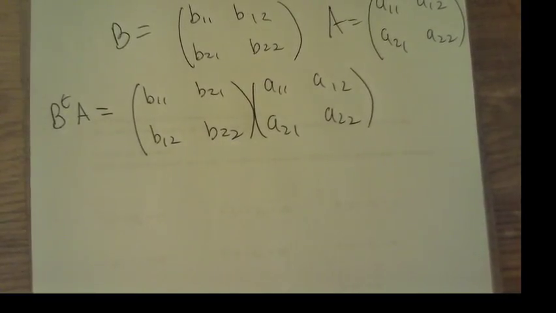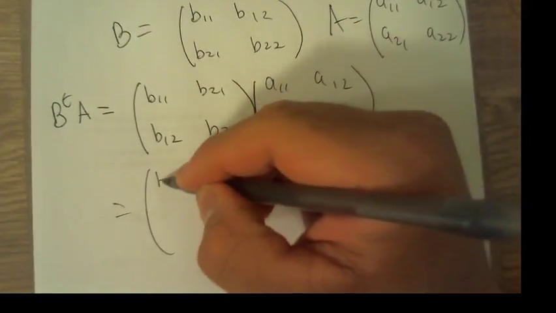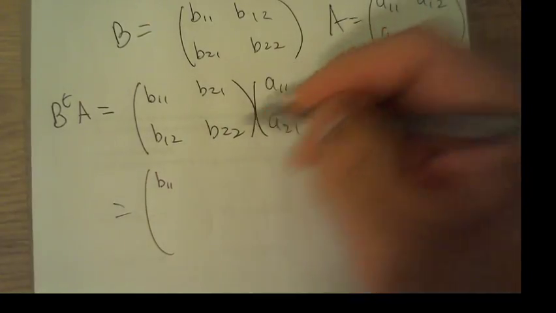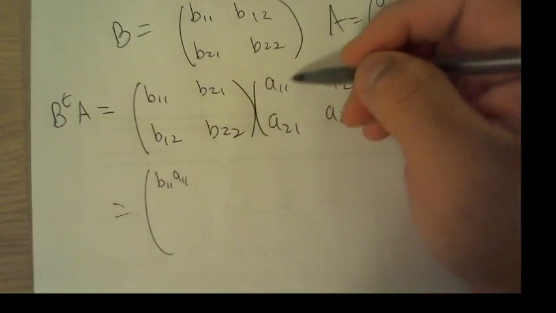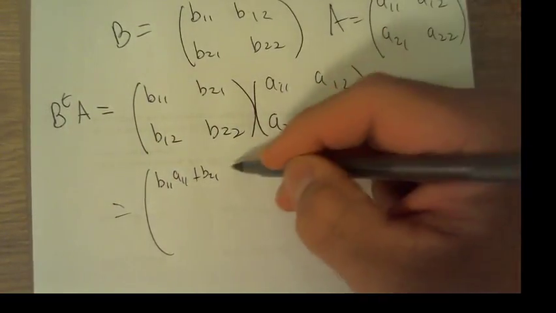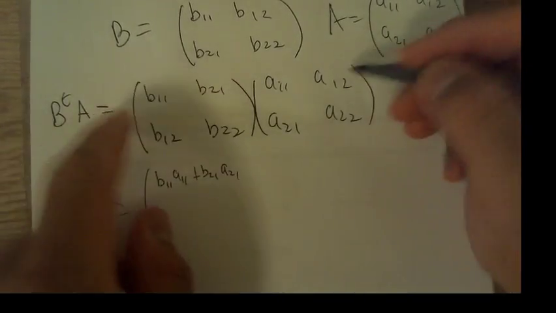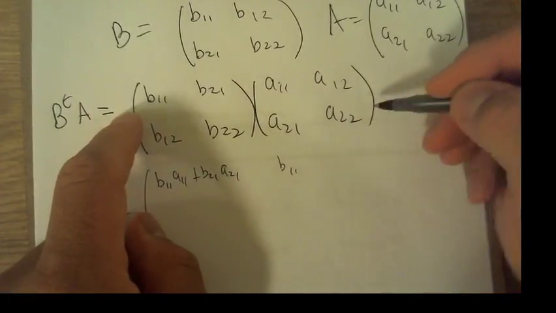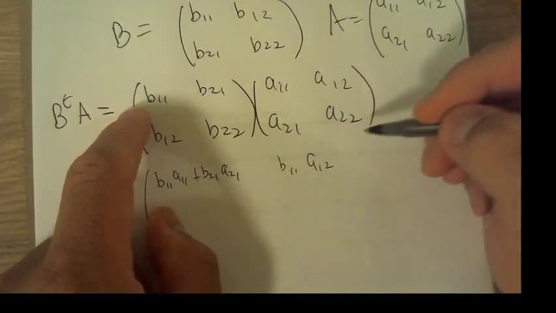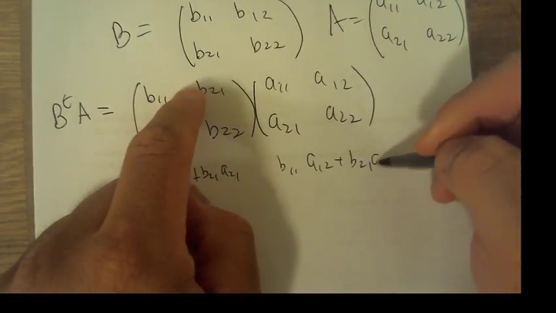All right, and now let's take a look at what the product of this matrix would be. We'd get B11 times A11, and then here plus B21 times A21. Okay, and then here we get B11 A12 plus B21 A22.